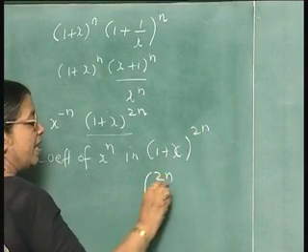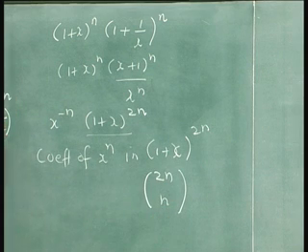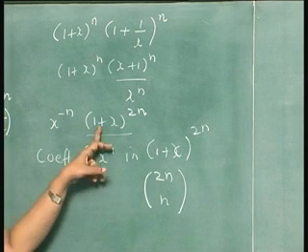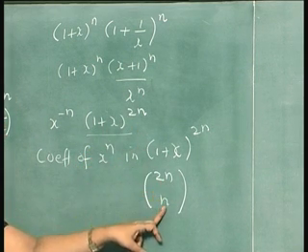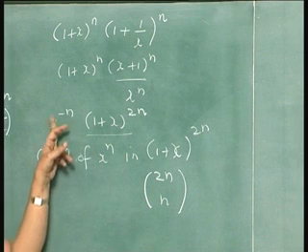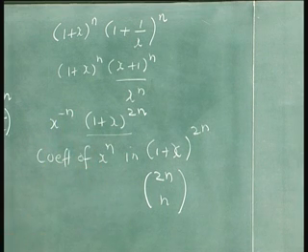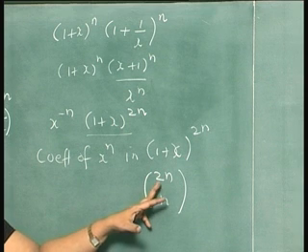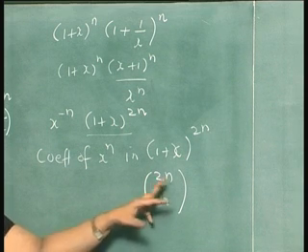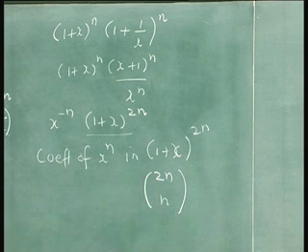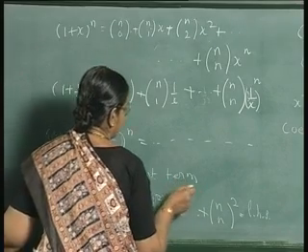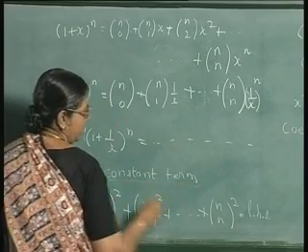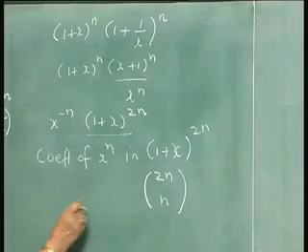When you multiply this by x power minus n, you get the constant term. So, if you look at it in a different way, instead of saying coefficient of the constant term, I could have said constant term itself. The constant term is this, so it becomes equal to 2nCn.